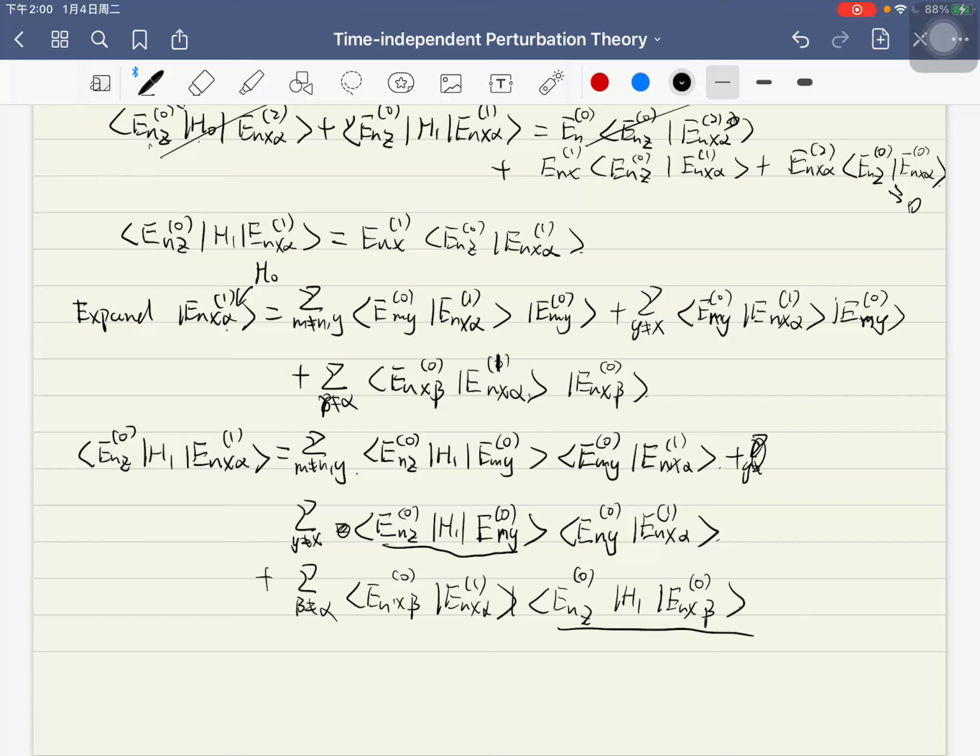Let's observe this term, which equals delta yz and y0. So this sum, with y not equal to 0. So this term will equal, and the delta function will cancel the summation. So this equals E n z first.